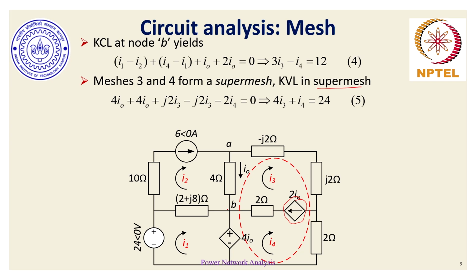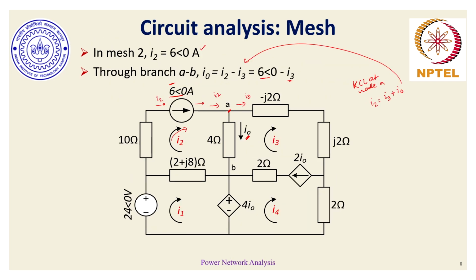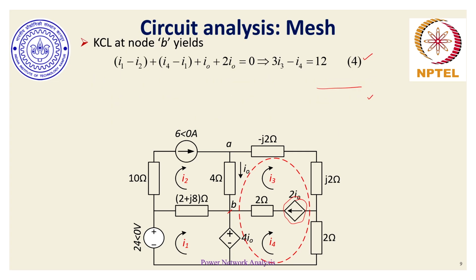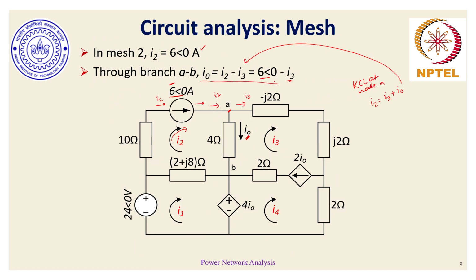And we have to find the relevant number of equations. If we use KCL at node B, we get equation 4. If we apply KVL across the super mesh, we get equation number 5. We have the third equation, which is the equation present over here.